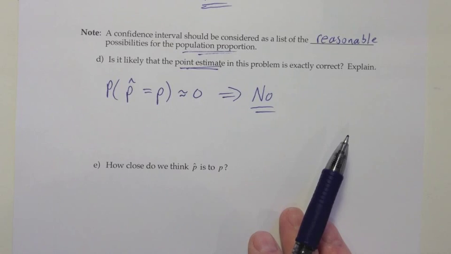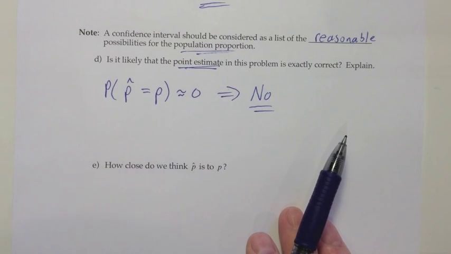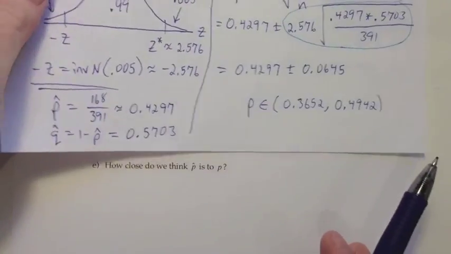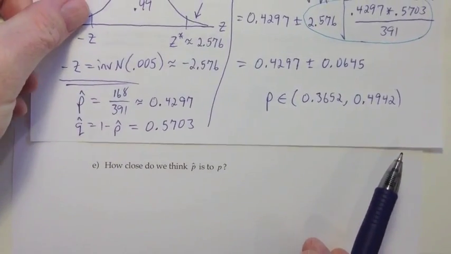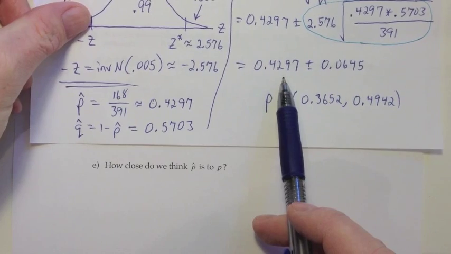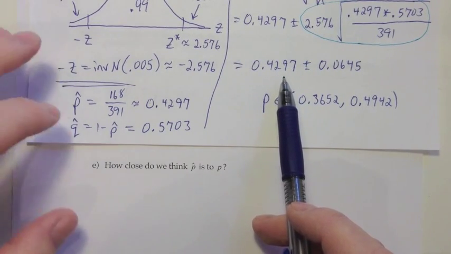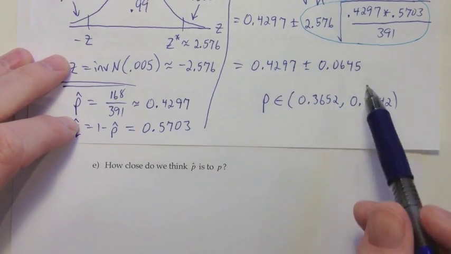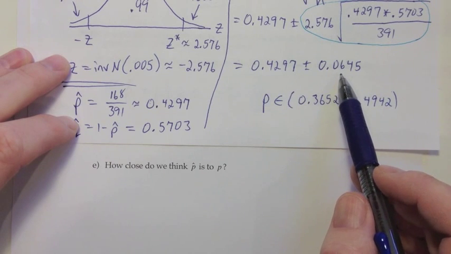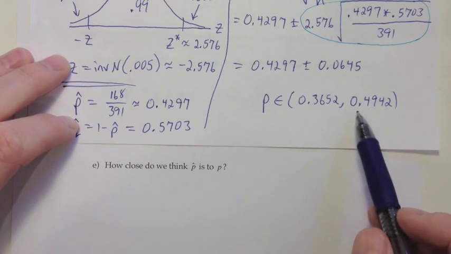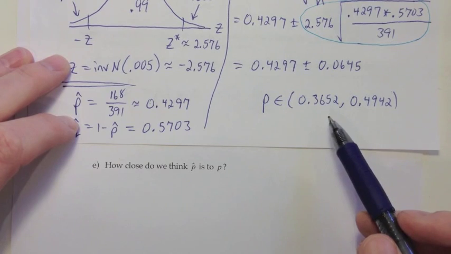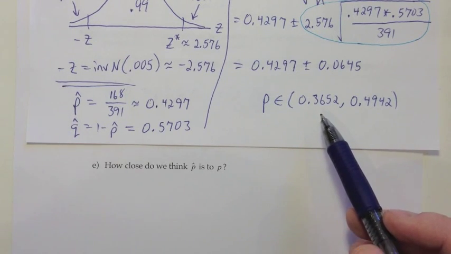So when they say how close do we think p hat is to p, what I'm always going to answer for that is the plus or minus piece from my interval. This was my p hat, or my point estimate, that I have no faith in that being correct. But once I added and subtracted 0.0645 to that to create this interval, now all of a sudden I was 99% confident that I had the right answer.